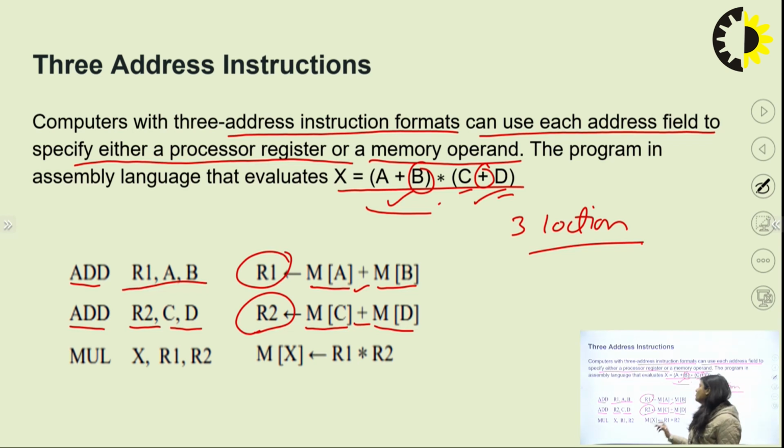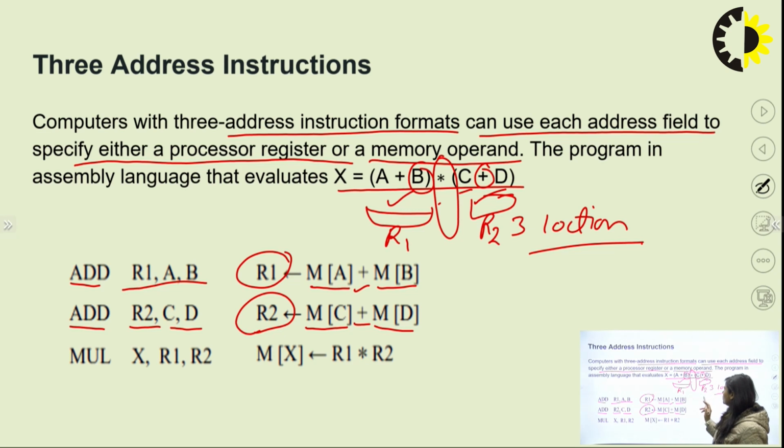And the last step: we have evaluated this part and this part, so now we have to take the asterisk part. We have this data in R1 and this data in R2. Now we just multiply R1 and R2 contents and move the result into M of X. X is a memory location, which you can also call a temporary memory location.